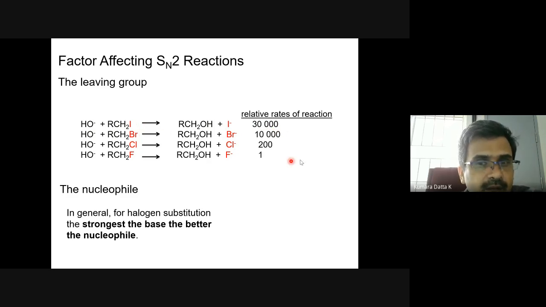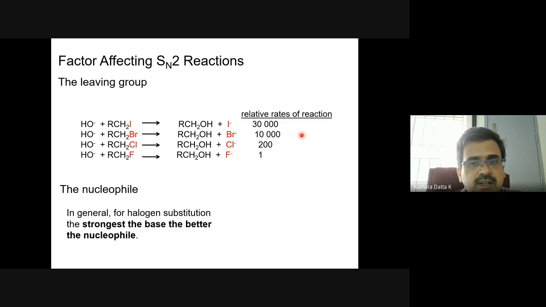Then comes bromine, which is also moderately high. And if you replace chlorine, then it drops down significantly. When you have fluoro substitution, the relative rate of the reaction is almost negligible. So what you understand from this is, the better the leaving group, the quicker the rate of the reaction.